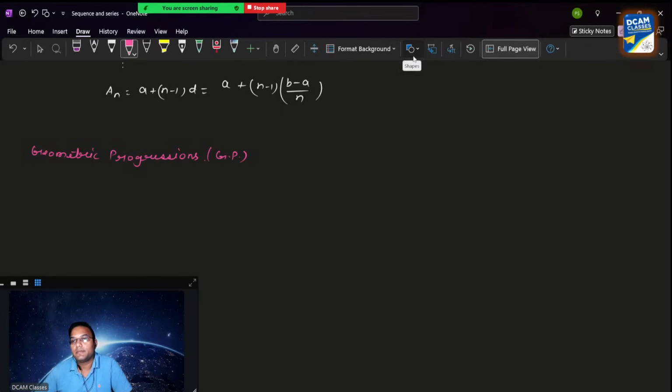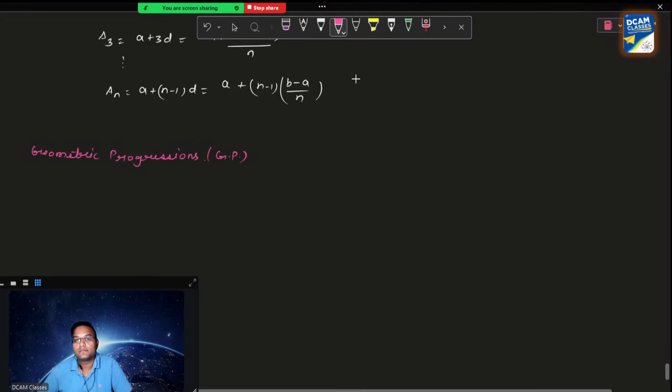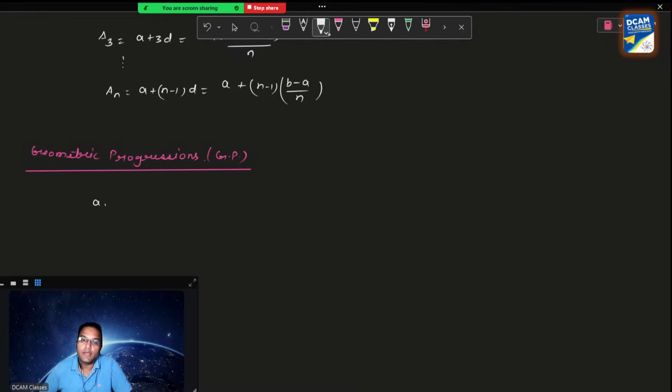What is the concept now? If A1, A2, A3, A4, AN are in GP, what's the concept? The ratio of consecutive terms is always the same.